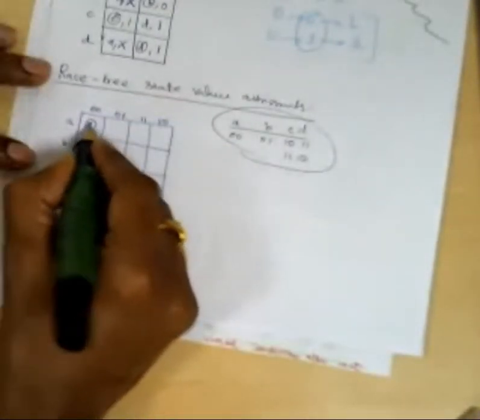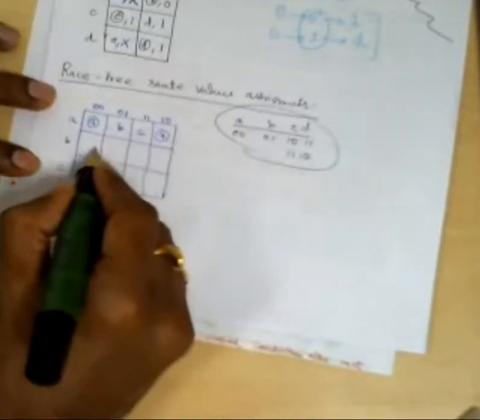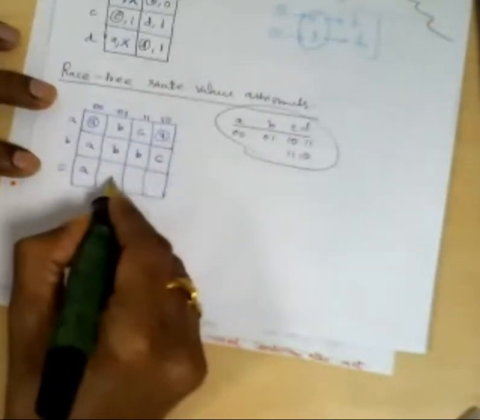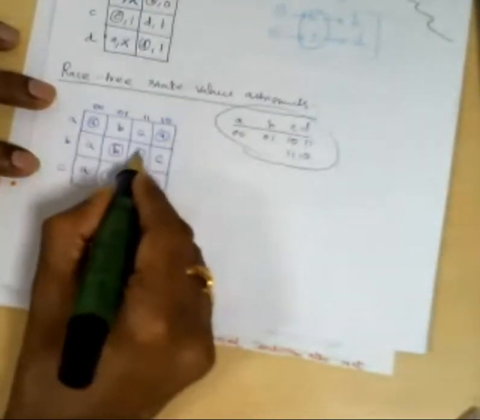This is A, B, C, A, B, B, C, A, C, C, C. All stable states. B has 2 stable states, A has 2 stable states. Now the question is, what value are we going to assign to these A, B, C, and how do we find that value?